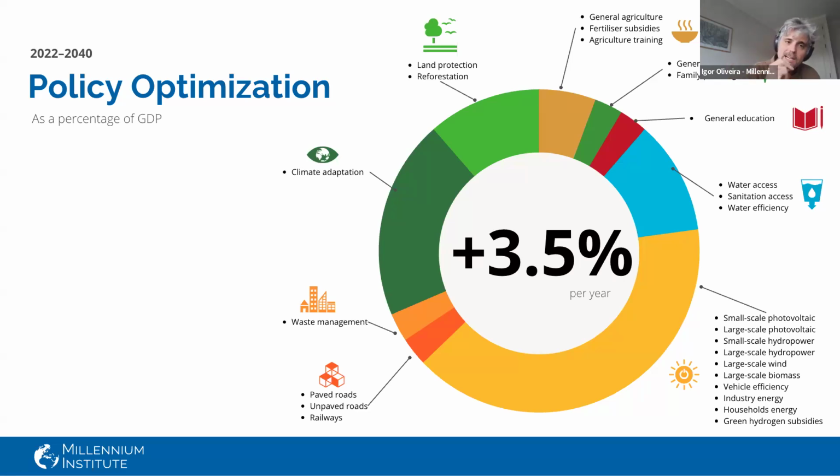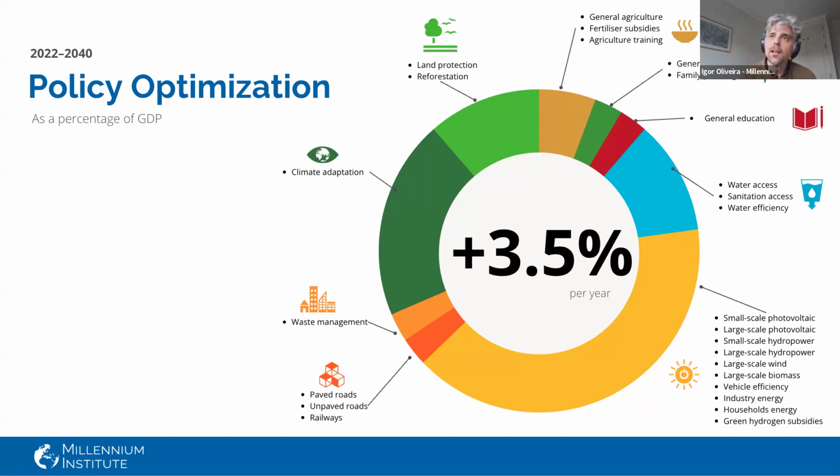Yes. So in this scenario, which is an optimized scenario that proposes a new policy mix for Brazil, the total government spending would be 3.5% bigger in terms of percentage of the GDP compared to the current public spending in Brazil. So just for the sake of context, right now Brazil spends about 40% of its GDP in terms of government spending, right?